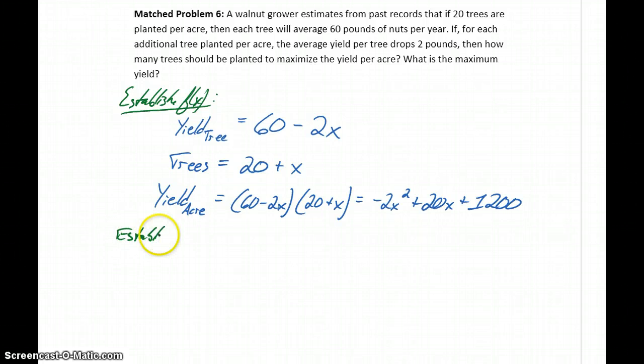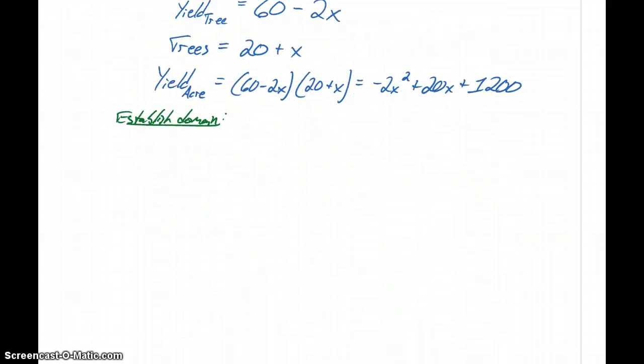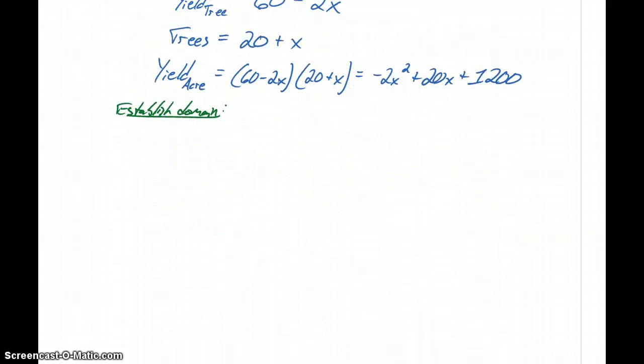So the next thing to do is establish the domain. In the last few examples we've been always calling back to that original example. Now we have to set up a new domain for this problem since we have a new scenario we're working with. So x is the number of additional trees that we're going to plant beyond 20. So the minimum value that we can have for x would be 0.